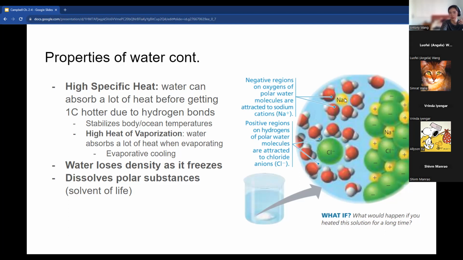Sodium has a positive charge, and oxygen in water has a partially negative charge. As a result, you see how all the oxygens are facing the sodium. That's called a hydration shell, and that's how things actually dissolve. Dissolving is basically water molecules forming a layer around each charged molecule.